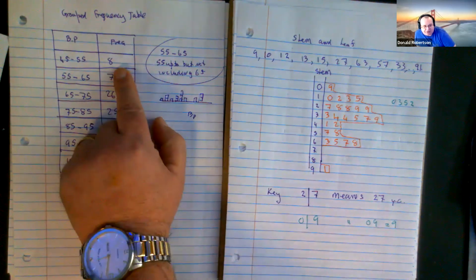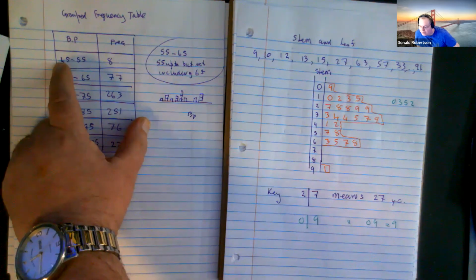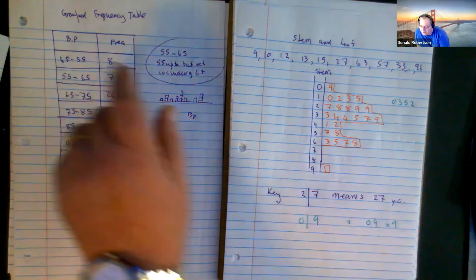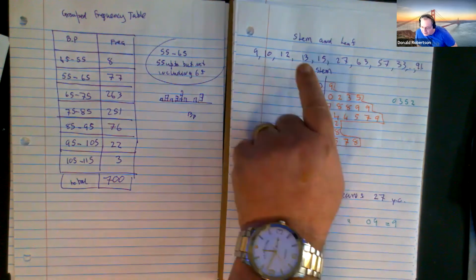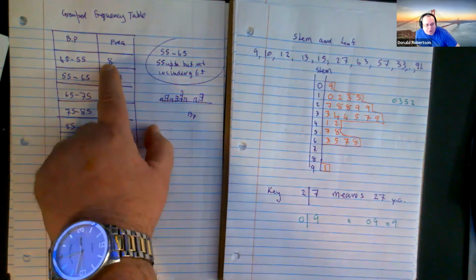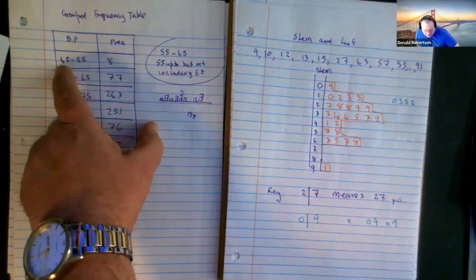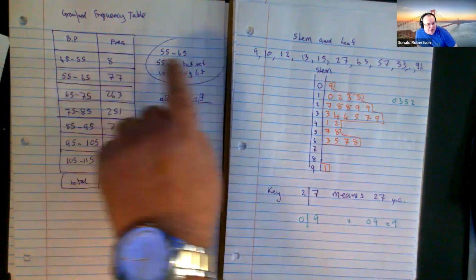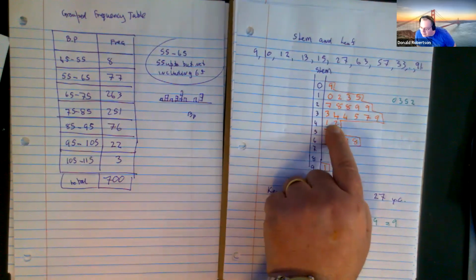See this 8, all I know for sure is that it's some number between 45 and 55. I don't know if it's 46, 47, 52 or 53. I don't know what those numbers are. And to do a stem and leaf, don't you need to know every single number individually? You can't do it if it's all the numbers from this range, but I can't tell you which particular number it is, because I need to know which particular number it is. Because wouldn't 45 go here and wouldn't 55 go here? And I don't know that detail from this.